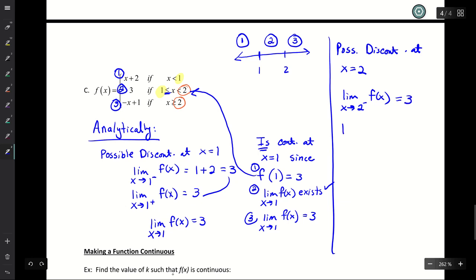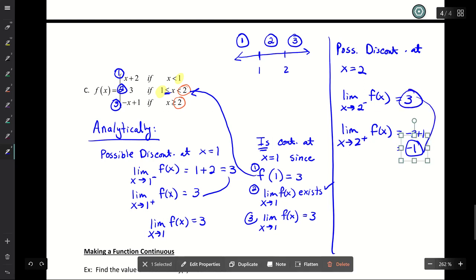And if we look at the limit as x approaches 2 from the right-hand side of f of x, that would mean we're using the third function, plugging 2 into it, so it would be negative 2 plus 1. Negative 2 plus 1 is negative 1. That's an issue because these two actually don't match.